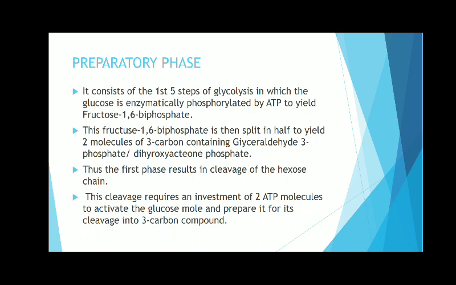Thus, the first phase results in cleavage of the hexose chain. So, in the first preparatory phase, the cleavage in the hexose chain occurs. This cleavage requires an investment of two ATP molecules to activate the glucose molecule and prepare it for its cleavage into 3 carbon compounds.